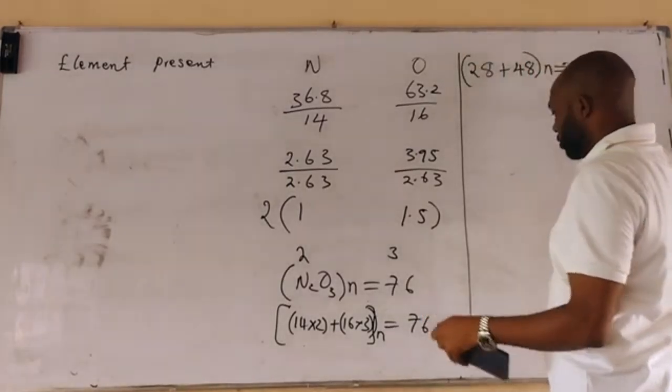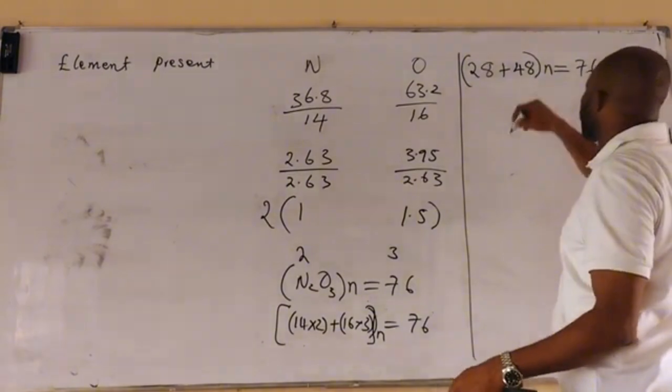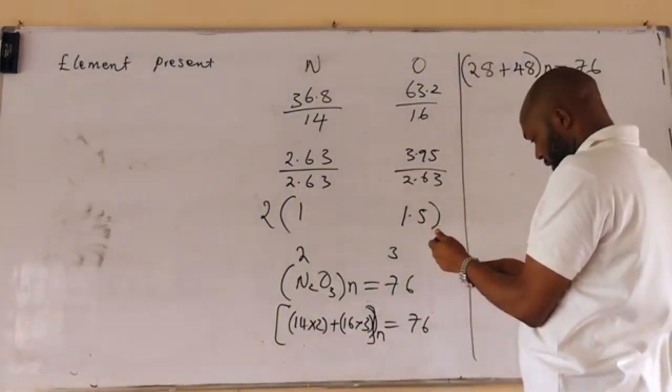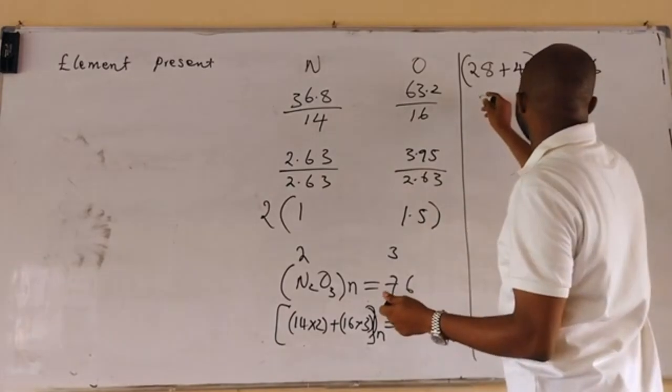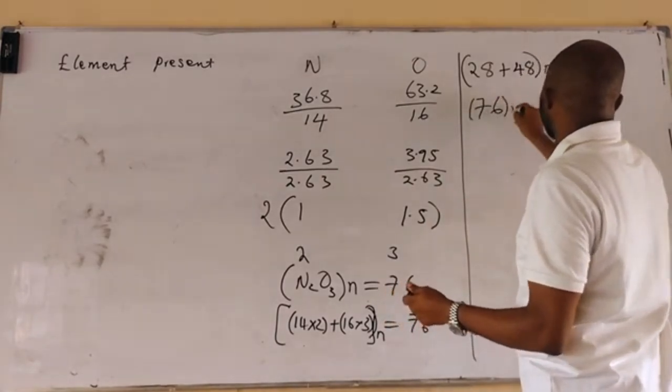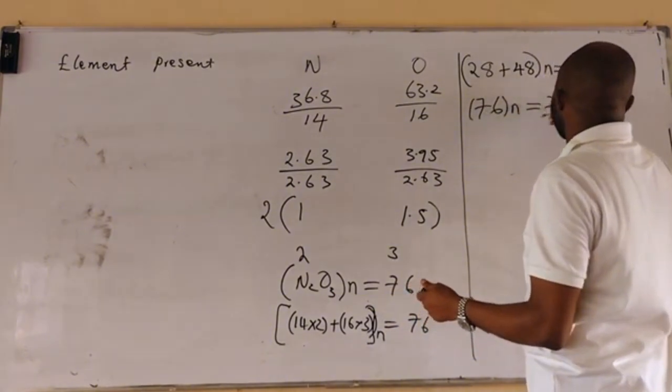So 48 plus 28 is 76. So n times 76 is equal to 76.